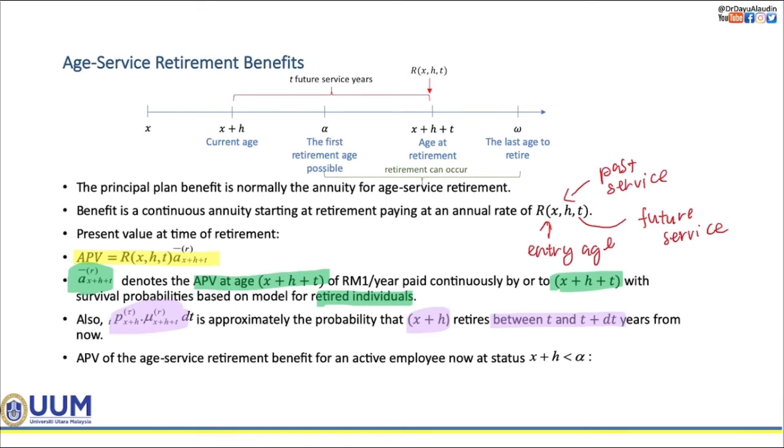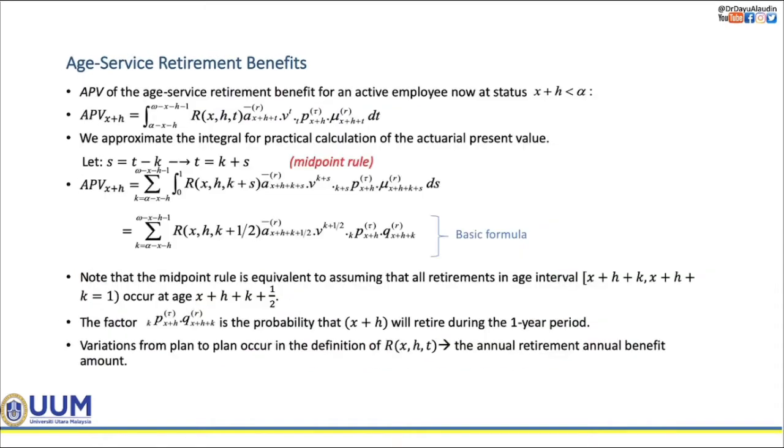And then the APV of the age service retirement benefit for an active employee now at status X plus H less than alpha, so the employees are still active. The APV at X plus H is the integration of all this.